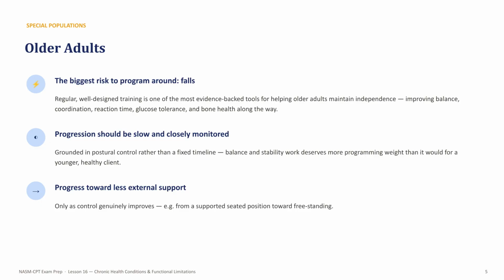Balance and stability work deserves more programming weight here than it would for a younger, healthy client, and progress toward less external support only as control genuinely improves. For example, from a supported seated position toward freestanding. Falls really are the single organizing risk for this population. Everything else in the programming approach follows from minimizing that risk.